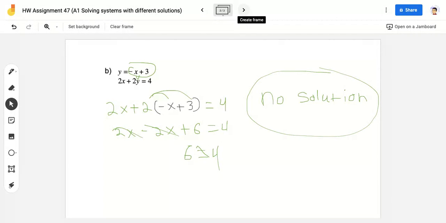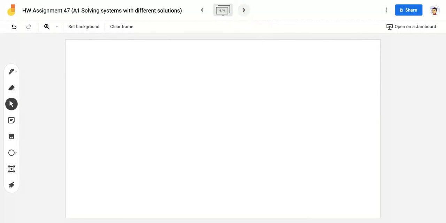Let's say you were to ask me, what does one solution look like? Well, one solution looks like the same things we've seen before. If you get that x is equal to 3 and y is equal to -5, then your solution is (3, -5), and that is your one solution.